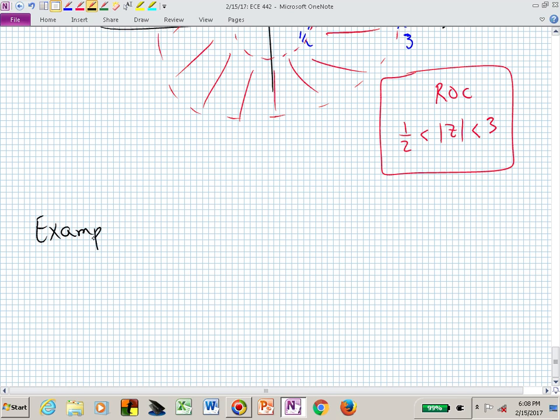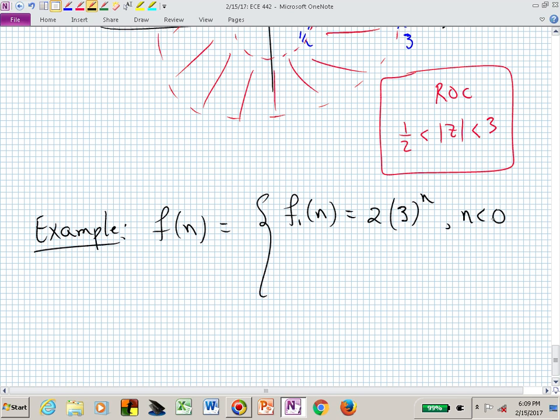And to make it cleaner, let's go the other direction. Let's do the Z transform, and then we'll know why we ended up with an annular region. Suppose that we now say that little f of n is made up of two pieces. One function, f sub 1 of n, let's say is 2 times the quantity 3 raised to the n for n negative.